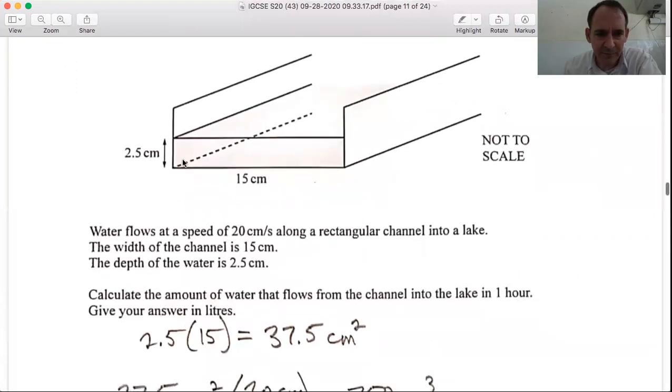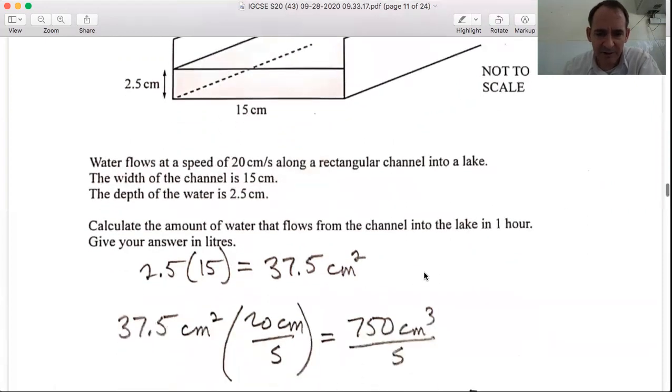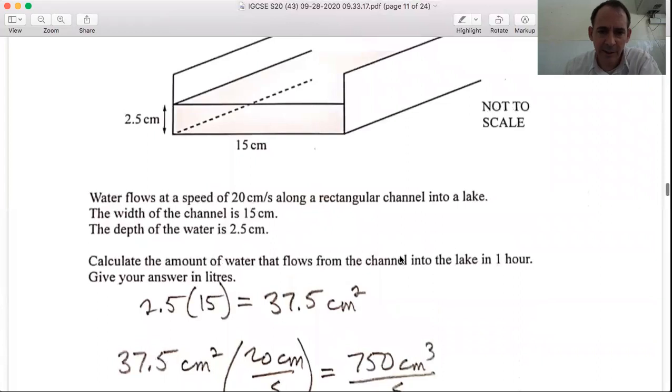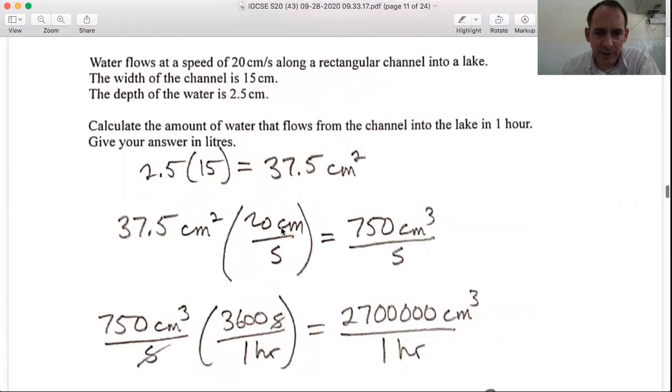So we take 2.5 times the 15 to get the area of this little slice of water, 37.5 centimeters squared. Multiply that by the rate at which the water is going past this particular cross section. And when you multiply by 20, you get 750 centimeters cubed per second.